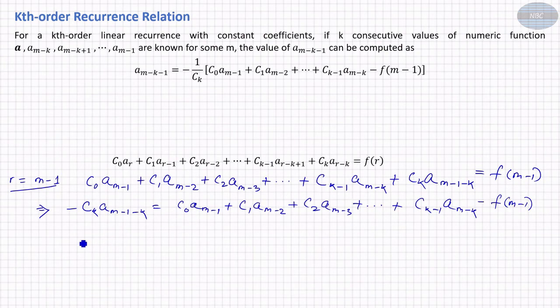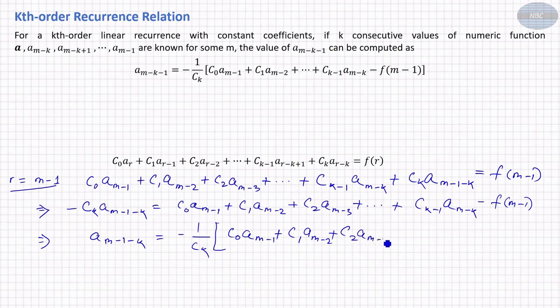Okay, so now let's find the value of a_{m-1-k}. The minus c_k will come to the right hand side, so this will be minus 1 divided by c_k times: c_0 a_{m-1} plus c_1 a_{m-2} plus c_2 a_{m-3} plus up to c_{k-1} a_{m-k} minus f_{m-1}.